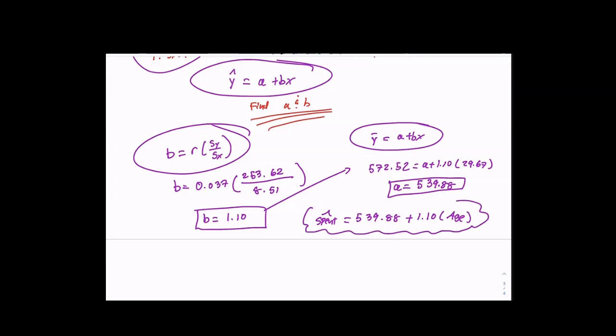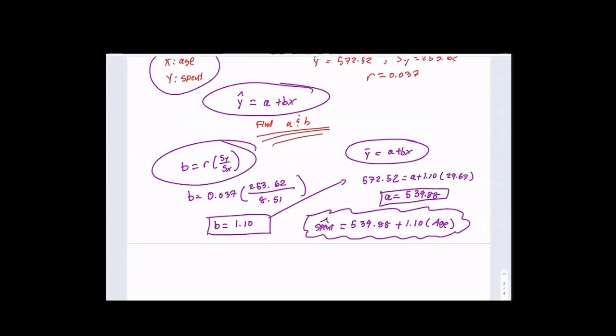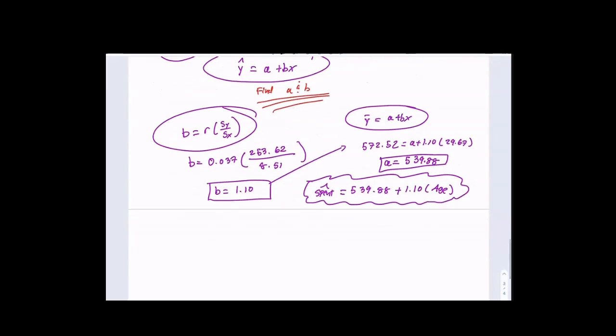And that is the model. Now, I could have used y hat and x because I defined what those variables are, but I like to always write my models using the context in them.